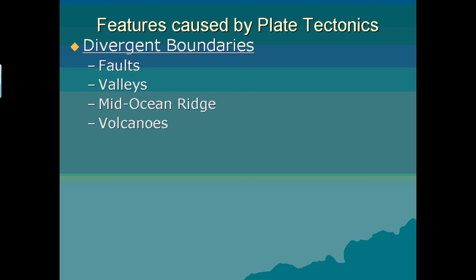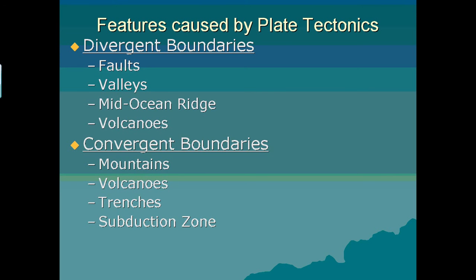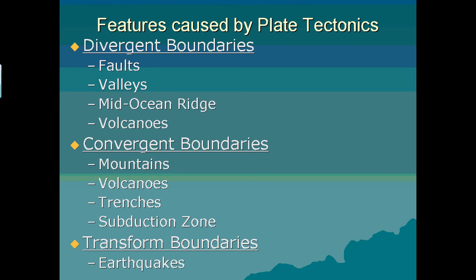Divergent boundaries have faults, valleys, mid-ocean ridges, and volcanoes. Remember, divergent boundaries are where those plates are dividing. Convergent boundaries form mountains, volcanoes, trenches, and subduction zones. Convergent boundaries, remember, those plates are colliding or running into each other. And transform boundaries are where we get earthquakes.